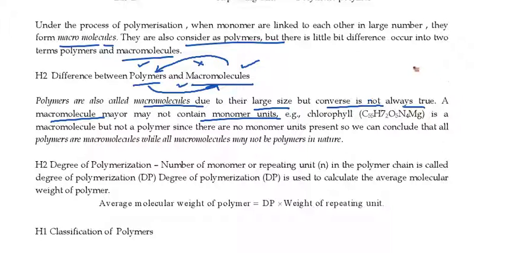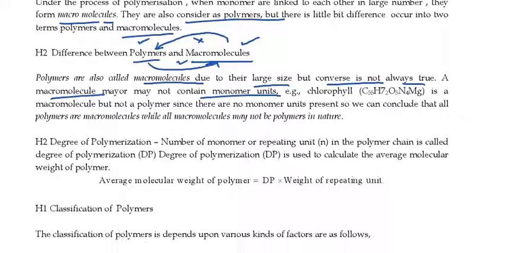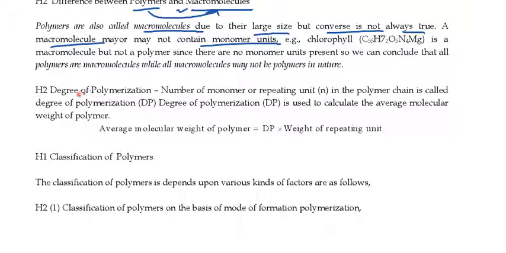You get it? Now we'll consider the degree of polymerization. Degree of polymerization means how many monomer units, that is repeating units, are attached in the formation of the polymer.